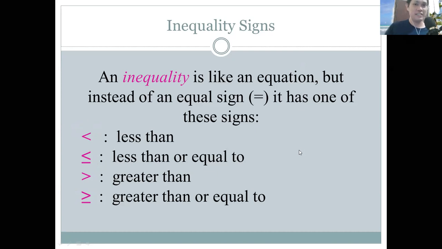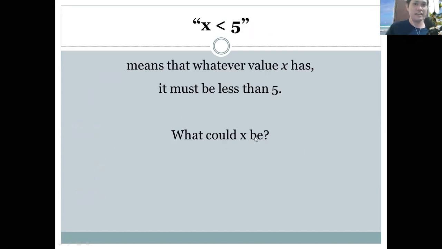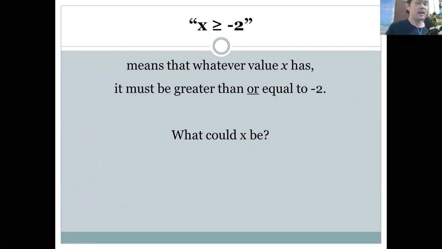Now let's proceed to another concept. When we say x is less than 5, that means whatever value x has, it must be less than 5. In short, 5 is not included. So the value of x is below 5. Another concept is x is greater than or equal to -2.